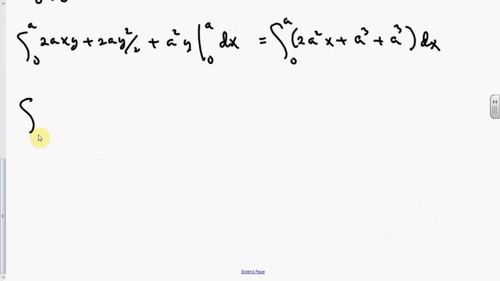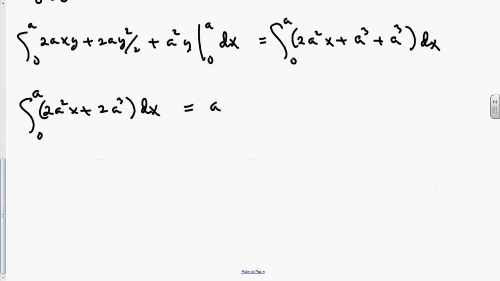So we can simplify that. This is the integral from 0 to a, 2a squared x plus 2a to the third dx. So then we integrate with respect to x.